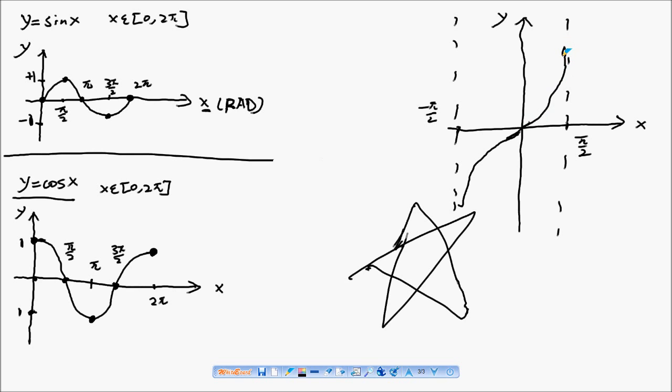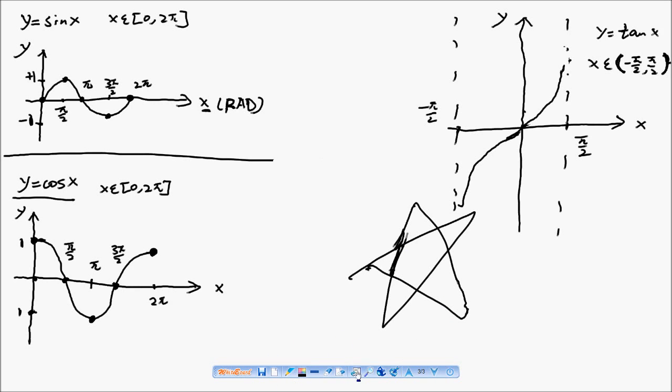It is hard to draw on a graphic tablet, but something like this. This is your y equals tangent x, and the domain is a circle bracket, minus pi on 2 to positive pi on 2. So circle bracket again. That's it.